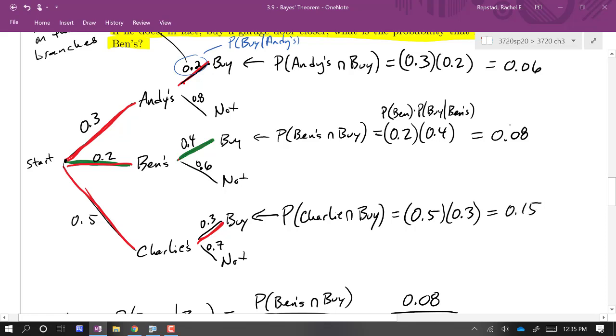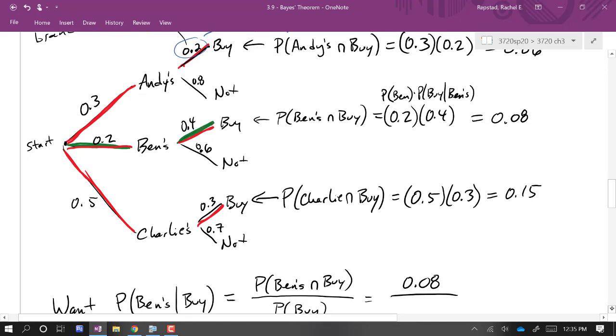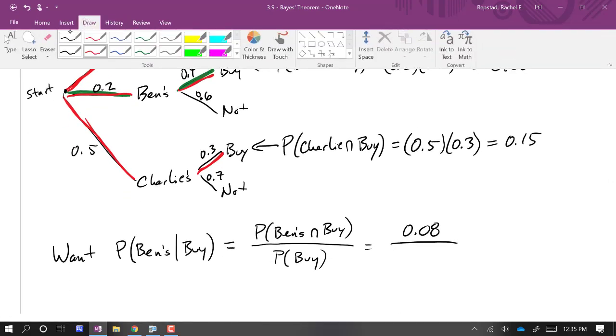Now we know that one of these happens. If we know that he bought a garage door closer, he did so by traveling down one of these three branches highlighted in red. These three branches are mutually exclusive. He did travel down precisely one of them, which means the probability that he bought a garage door closer is the sum of these probabilities.